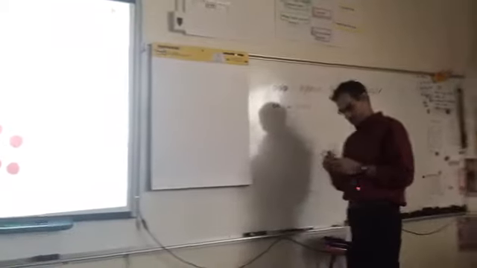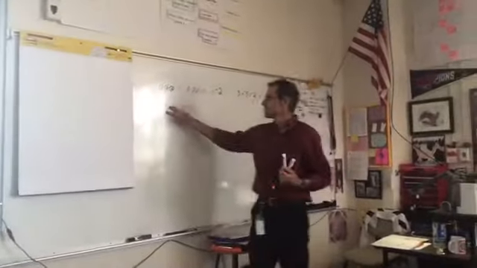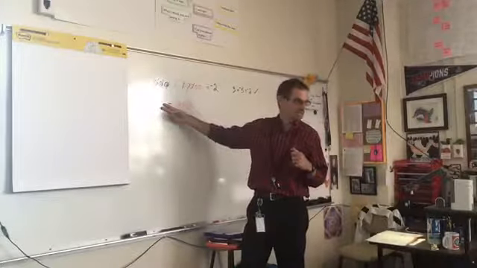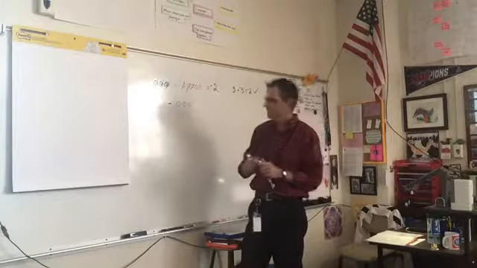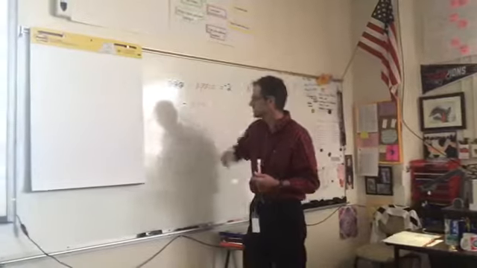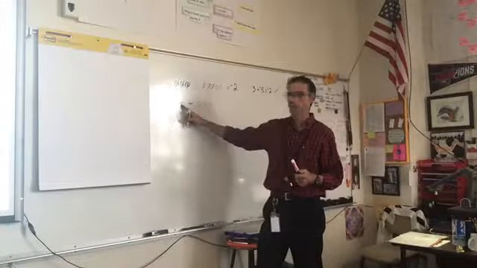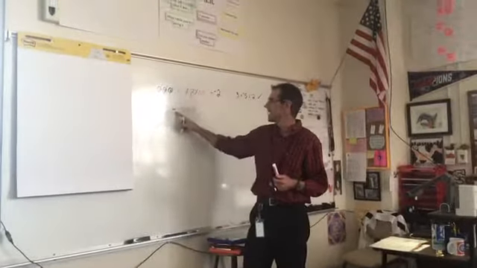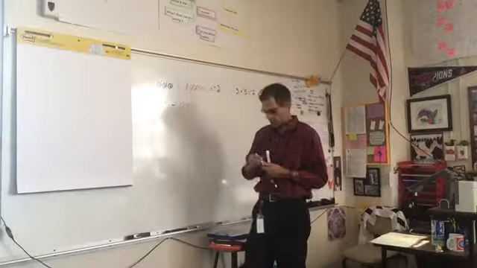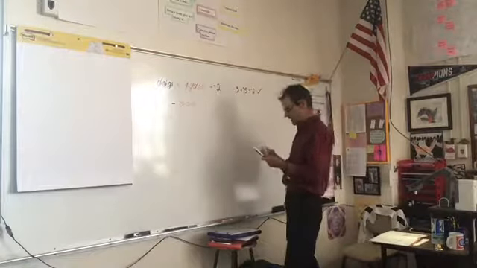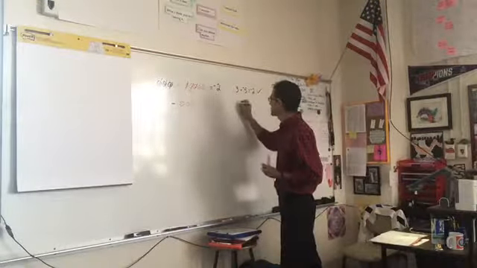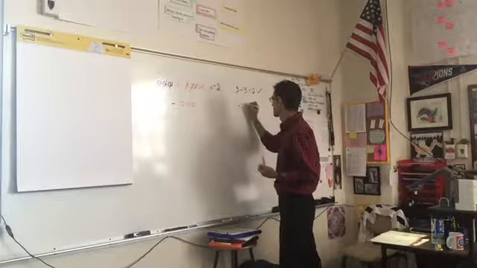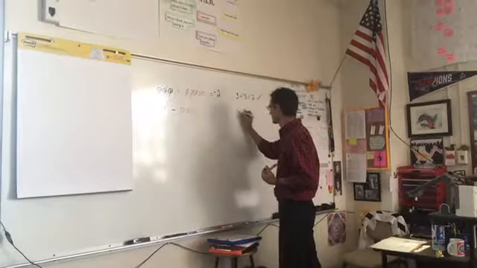Okay. Do I have any opposites here that cancel each other out? Yep. Just cancel. So now I literally have a positive 1 minus a negative 3. So over here I'm going to write positive 1 minus negative 3.